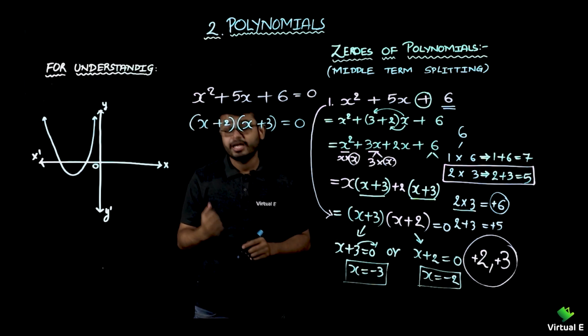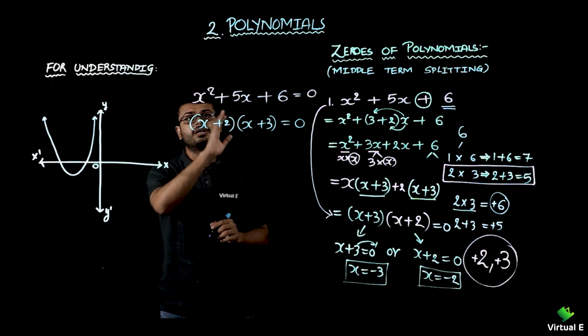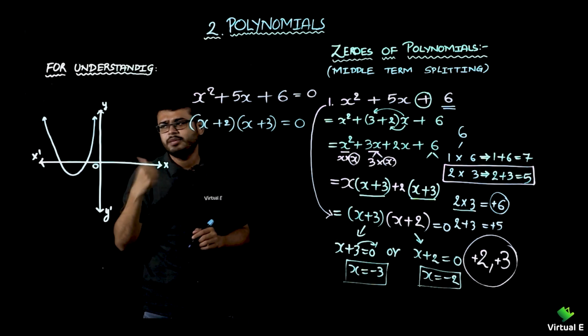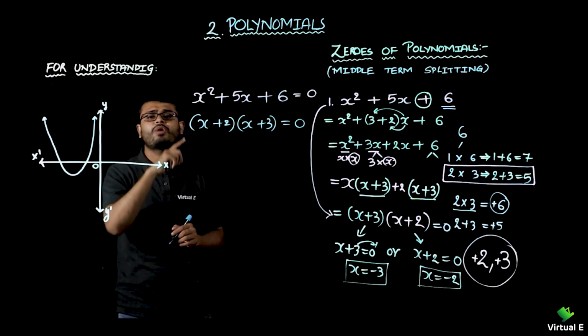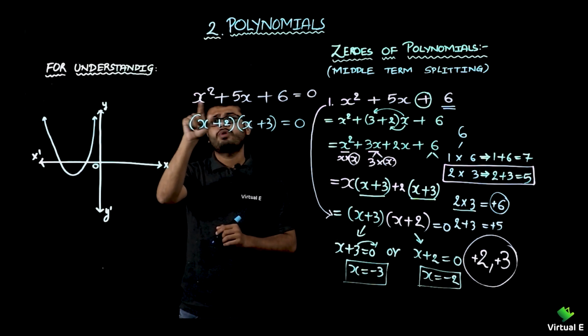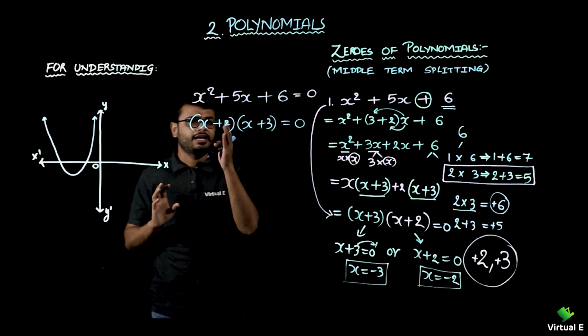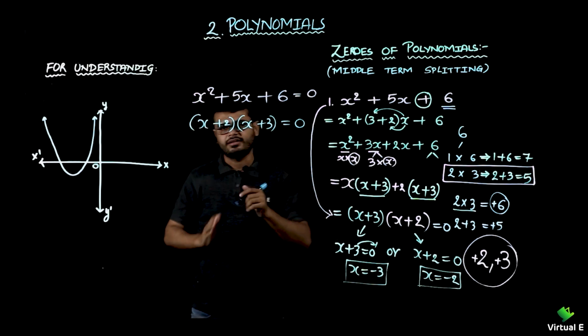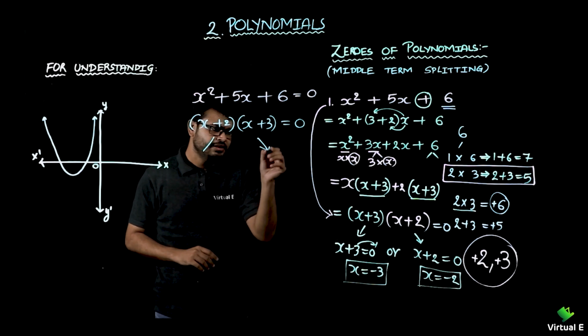Let me remind you one more time how to do it. X square. Forget the square. If you even keep it in mind, like take a square root of it, right? So square root of x square is only x, and first factor bracket x as it is, and this second factor. Now the method is going to remain same.